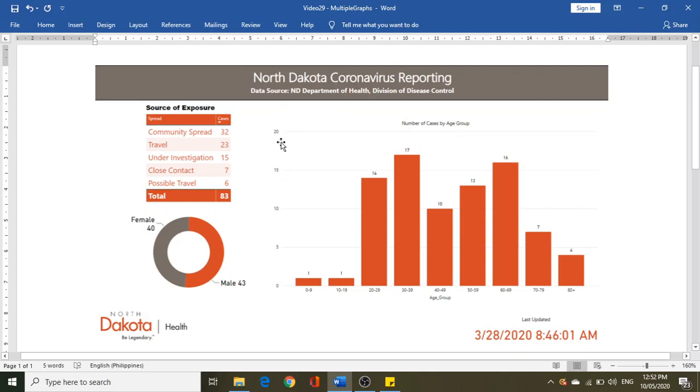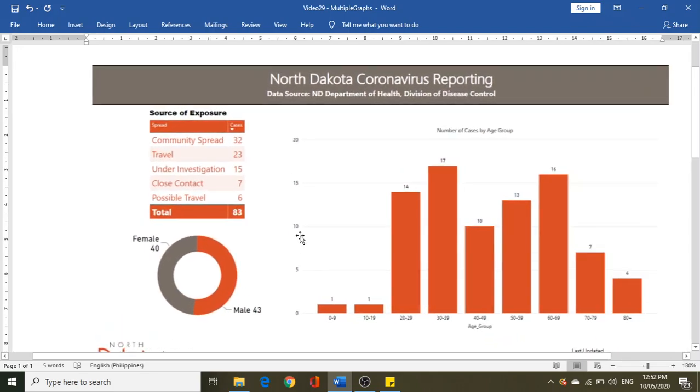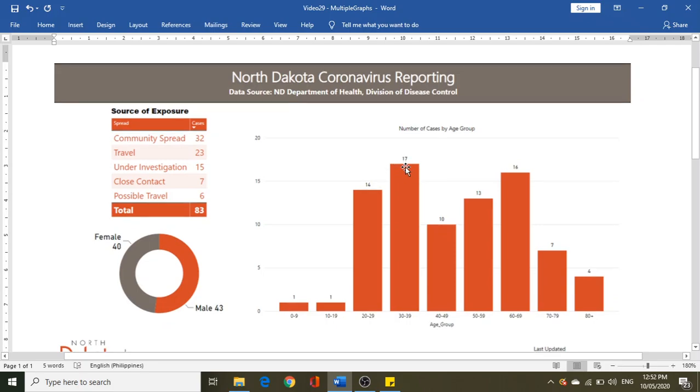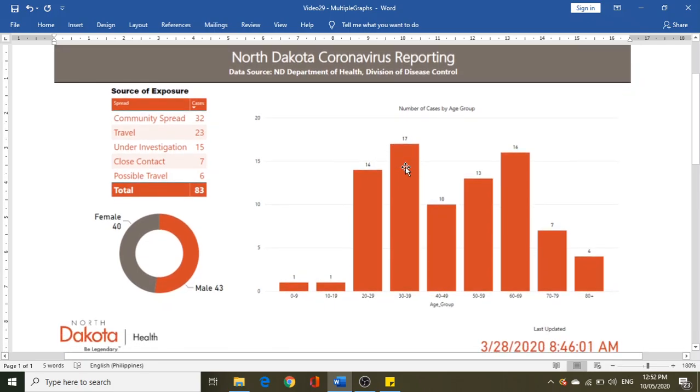Apparently the y-axis refers to the number of cases. We can see that in the age group of the 30 to 39-year-old population, there are 17 cases. This figure was really from the early stages of the outbreak in Dakota.